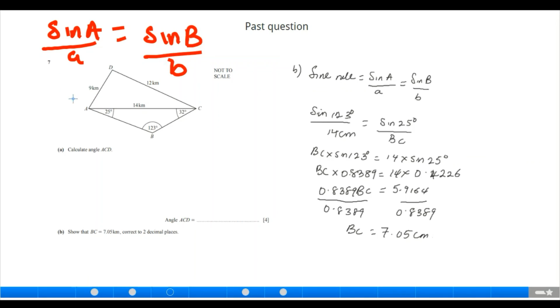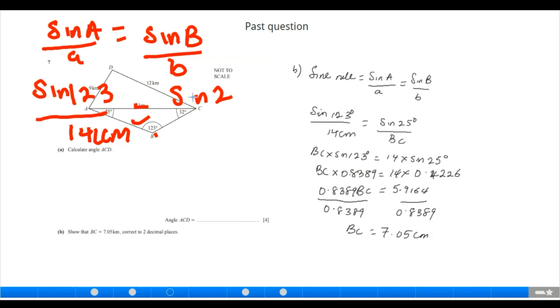Here we are using sine 123, since that is what we have, over BC, equals sine 25 degree over 14 kilometer. We don't have this angle yet, look at this. So we have it divided by BC.